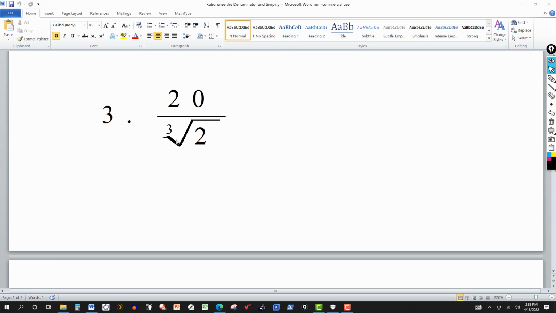In number 3, we have a cube root in the denominator. So here we want to make the radicand a perfect cube. We need 3 factors of 2 to make it a cube, so we could multiply by the cube root of 4. That's 2 times 2.